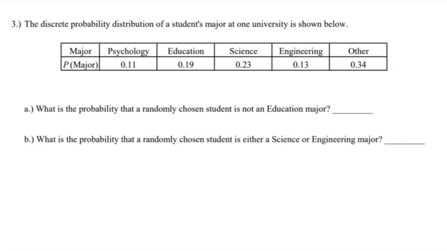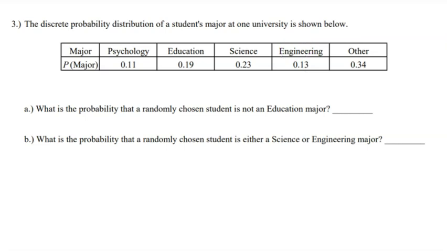And what this is saying is that 0.11 of the students are psychology majors, 0.19 are education majors, 0.23 are science majors, 0.13 are engineering majors, and all the other students, the other 0.34, are some major other than psychology, education, science, or engineering.